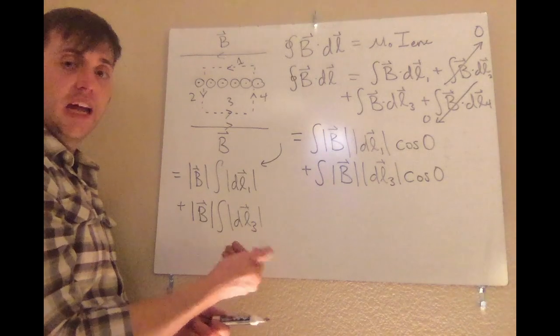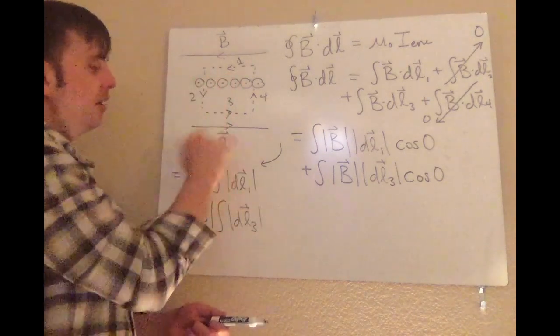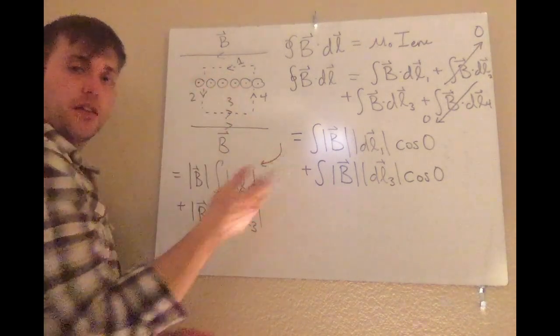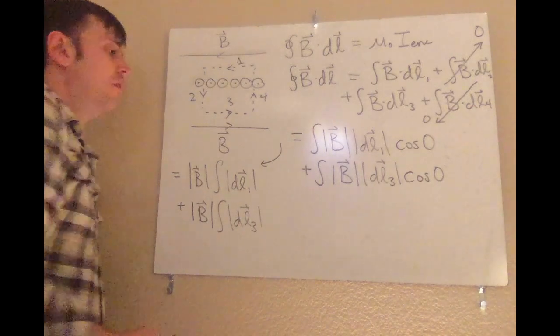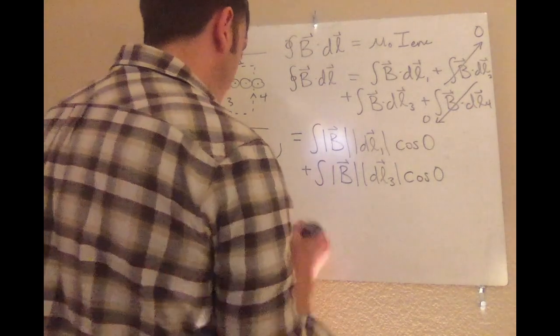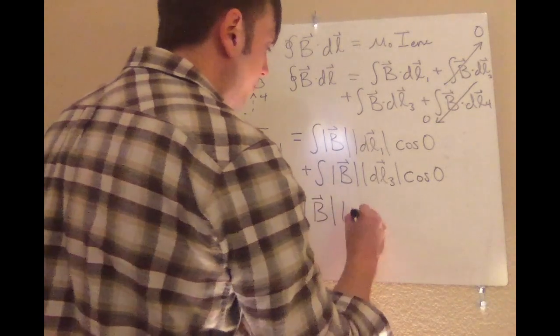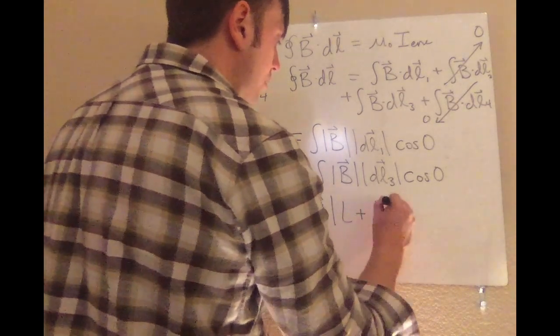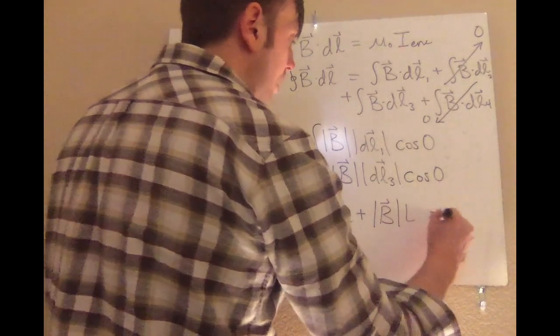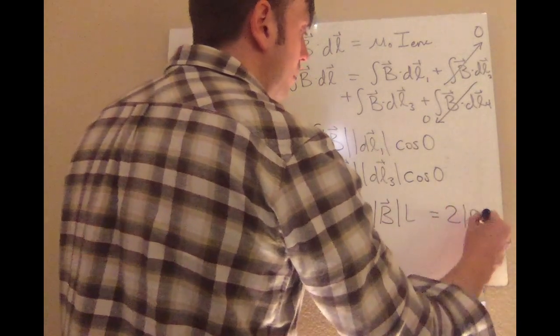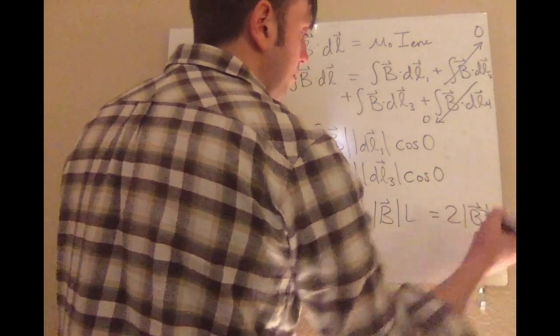So we're just getting L. And the same thing goes here. We're just getting this total length, let's call that L. So we're getting two terms that are just magnitude B times L, and they're added together. So we get 2 times the magnitude of B times L. Okay?